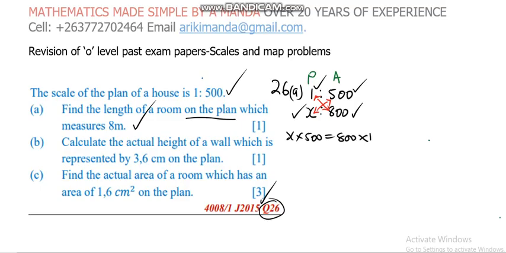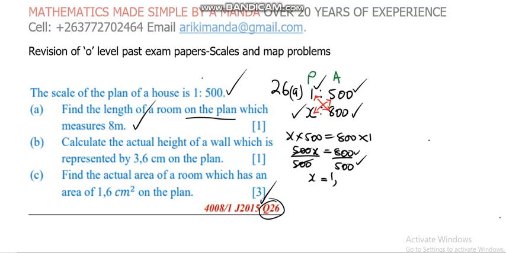Let's solve. X times 500, we get 500x, is equal to 800 times 1, we get 800. Let's solve for x. We divide both sides by the coefficient of x, which is 500. This and this will cancel out, and we'll remain with x equals 800 divided by 500.